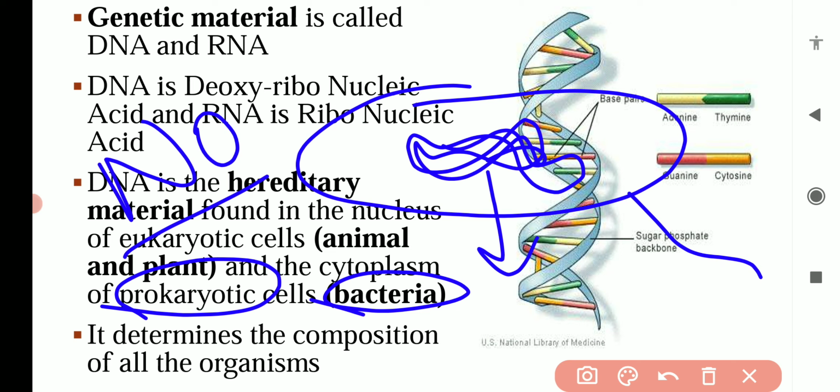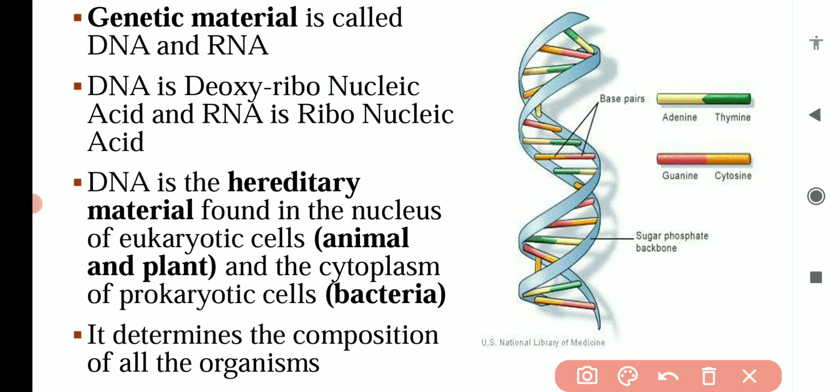In the cytoplasm there is a specific region where this chromosome or this DNA is present, that is known as nucleoid or genophore. So here a well defined nucleus is not there, so this genetic material, this DNA, is present inside the cytoplasm.